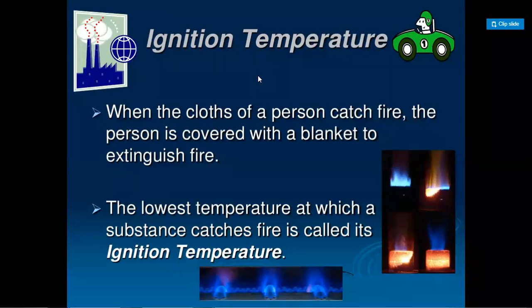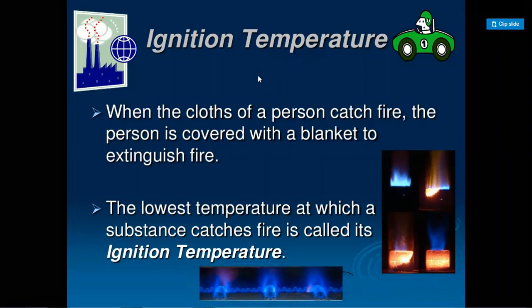Because water is increasing the ignition temperature of that same piece of wood which was earlier burning. When there is an increase in the ignition temperature of that burning wood, the wood will stop burning. Slowly, the burning will stop. This is why we say that ignition temperature is a very important physical quantity.